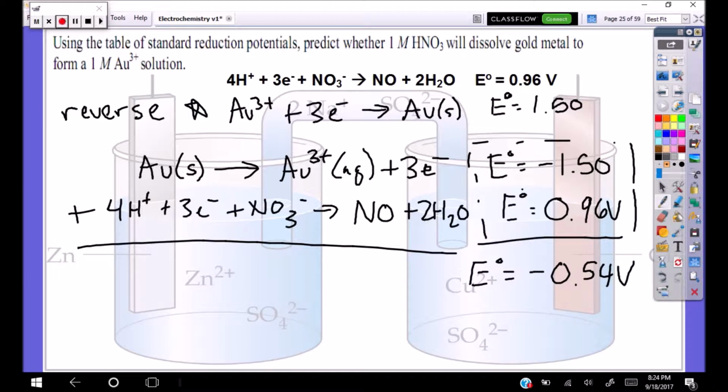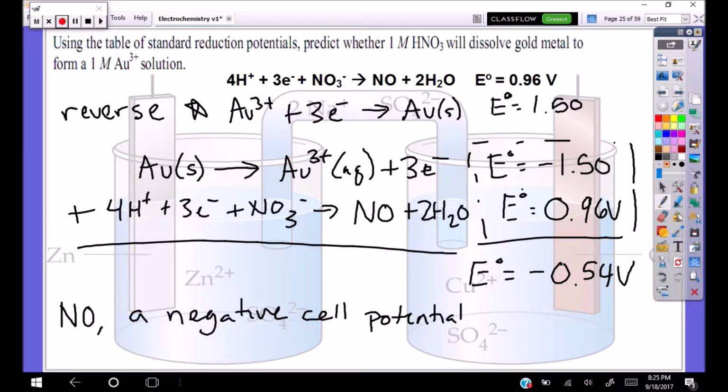So then we need to be able to explain it. What does a negative cell potential mean? Is that going to be spontaneous or non-spontaneous? Right, it is not spontaneous. So no, this would not form gold ions. A negative cell potential results in a non-spontaneous reaction.